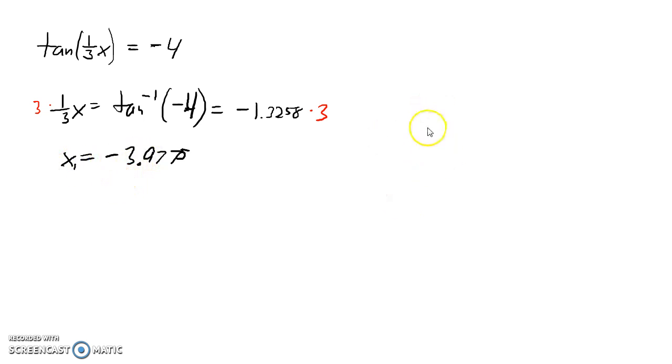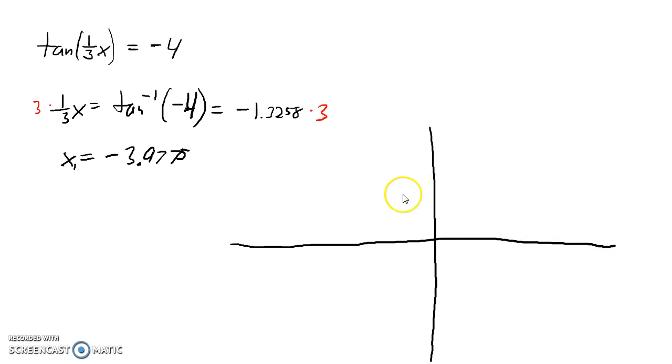And now we're going to turn to a graph to try to find more solutions. Now again, this is a little trickier because the tangent has kind of a weird graph, right? The tangent comes up like this and then wiggles like that, and then it does it again.